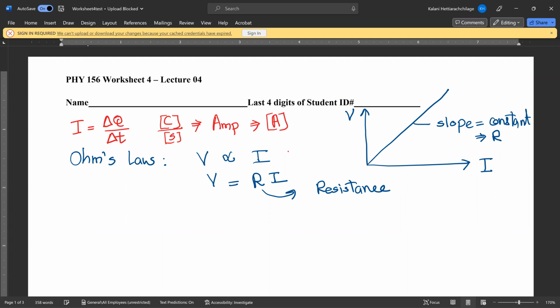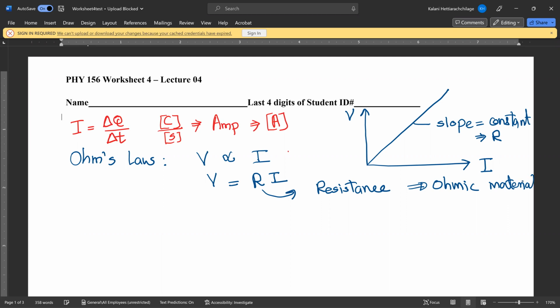A resistor is a device that resists the current, and resistance is how much it will resist. These words are different, right? So this resistance is always the ratio of voltage over current. If any material obeys this, we call it an ohmic material. We discussed all this in your lecture, ohmic materials, right?